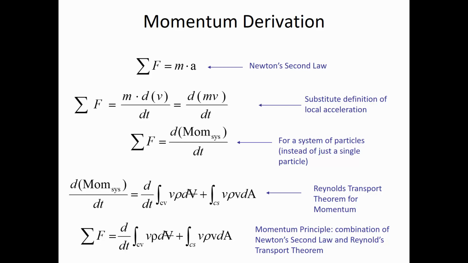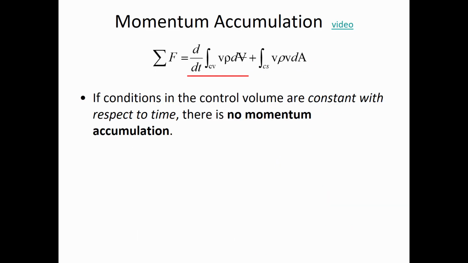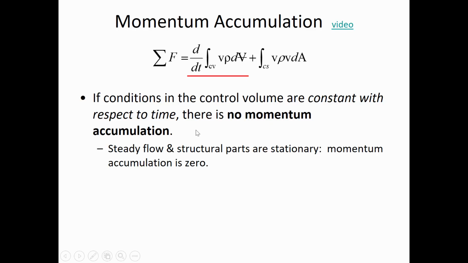Mechanical engineers maybe would apply momentum accumulation for like hybrid cars or some specialized applications, but just for simplicity's sake, let's start with the assumption that we don't have accumulation of momentum in the control volume. We'll start just by looking at the in versus the out. And so with respect to time, we'll assume that conditions in the control volume are constant, and so there's no momentum accumulation.